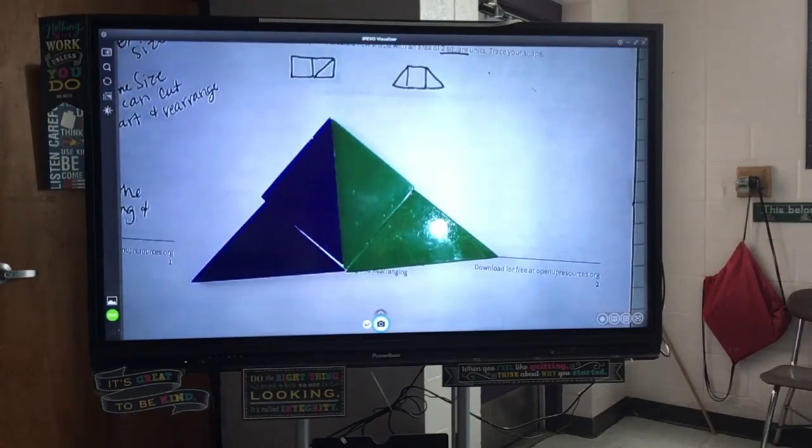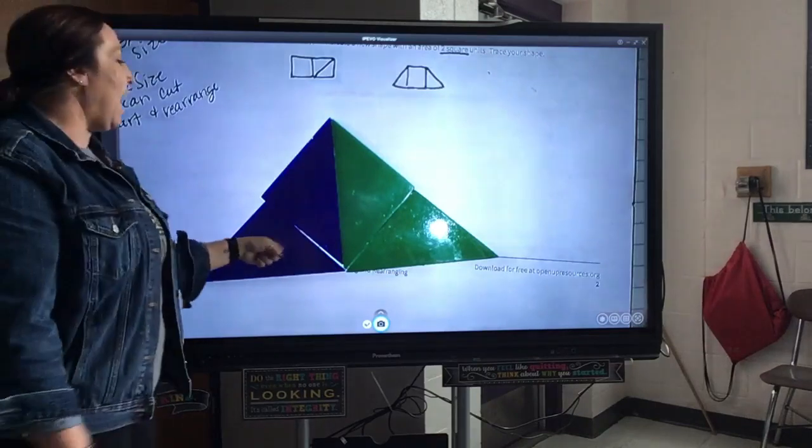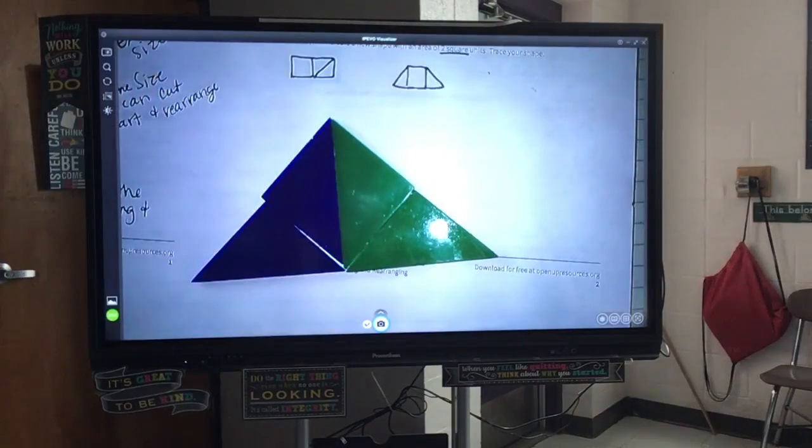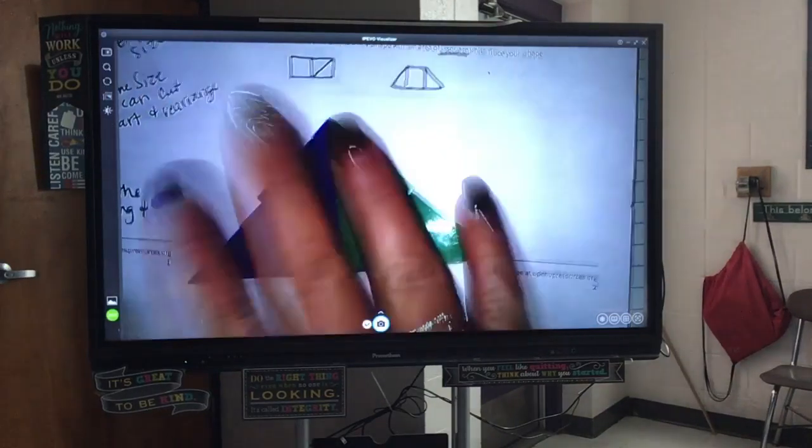Because what does it have to equal? 2 square units. So 2 triangles equal 1 square, right? So why can't we use 4 triangles? That works, because, guys, what's half plus half plus half plus half? 2. What are we trying to figure out? 2 square units. All right, so let's draw this one on there.